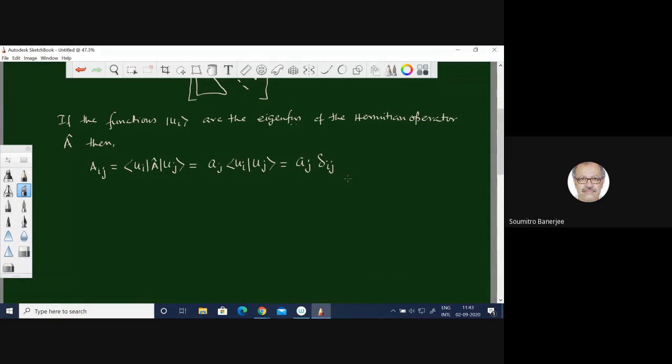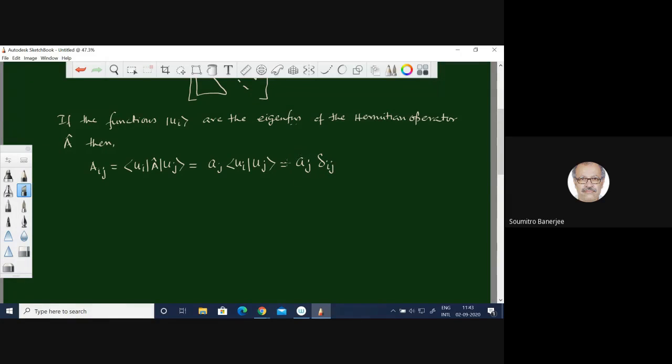Okay. So what does it mean? It means that it will exist only when i equals j, which means only the diagonal elements will exist. Everything else will be 0, and the diagonal elements will be the eigenvalues.